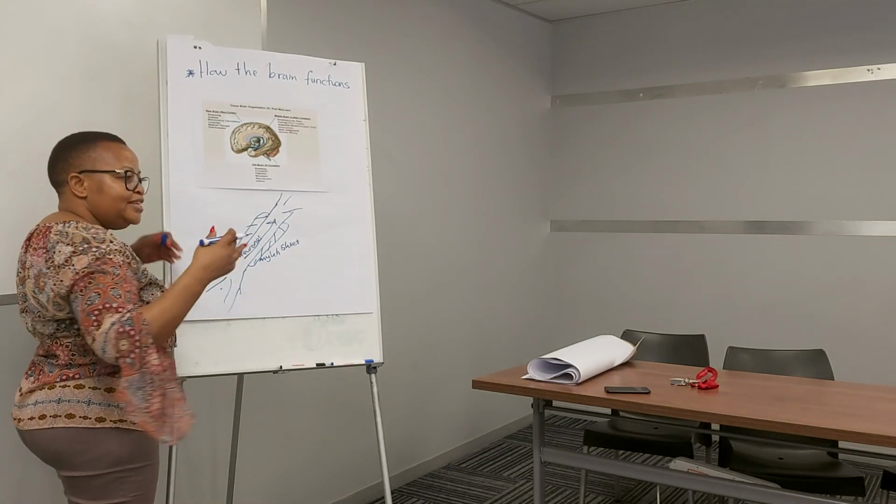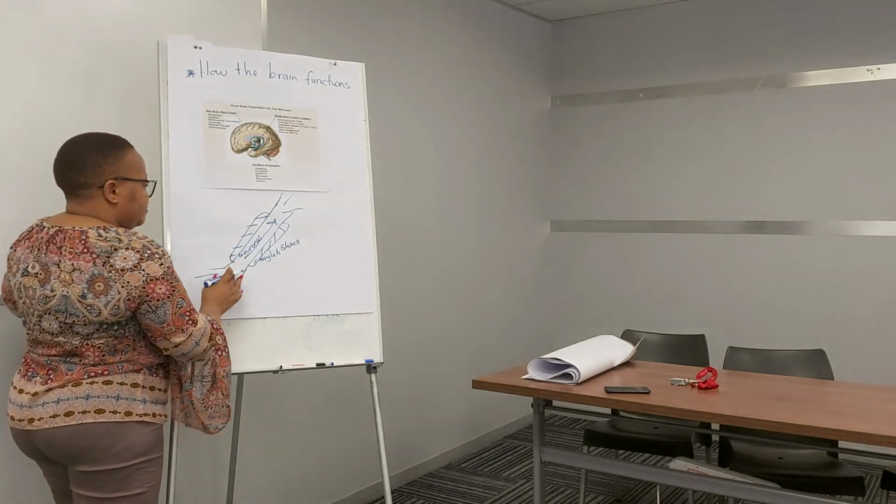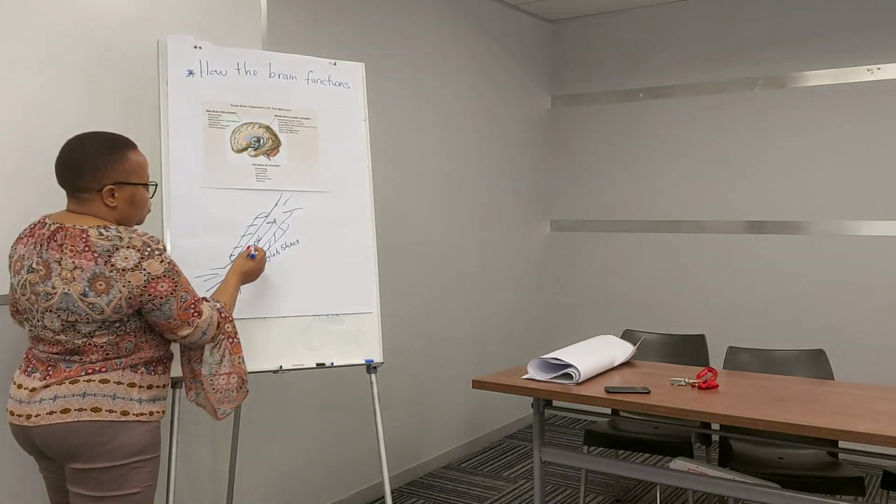So if you continuously see an object, this pathway becomes easier to use. So the moment you see it again, that is where the transmission goes. Okay. So it will be difficult for your brain to interpret this otherwise, because all along you've been interpreting it as a square. So the same applies to behaviors.